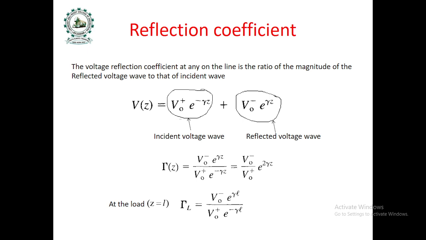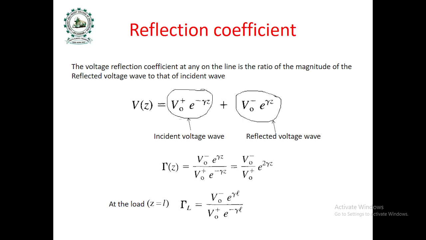So what is reflection coefficient? The voltage reflection coefficient at any point on the line is the ratio of magnitude of the reflected voltage wave to that of the incident wave. At the load, reflection coefficient gamma L equal to V0 minus e power gamma L by V0 plus e power minus gamma L. V0 minus and V0 plus are the voltages of the reflected wave and incident wave.